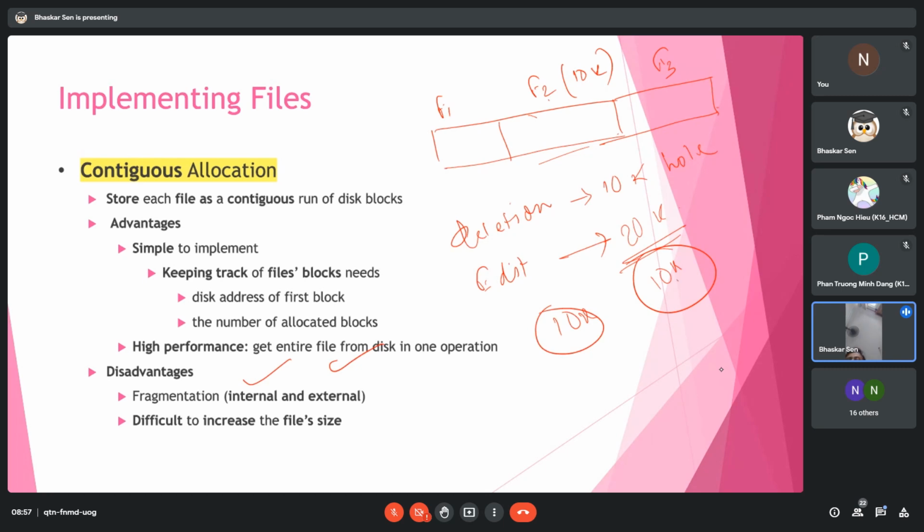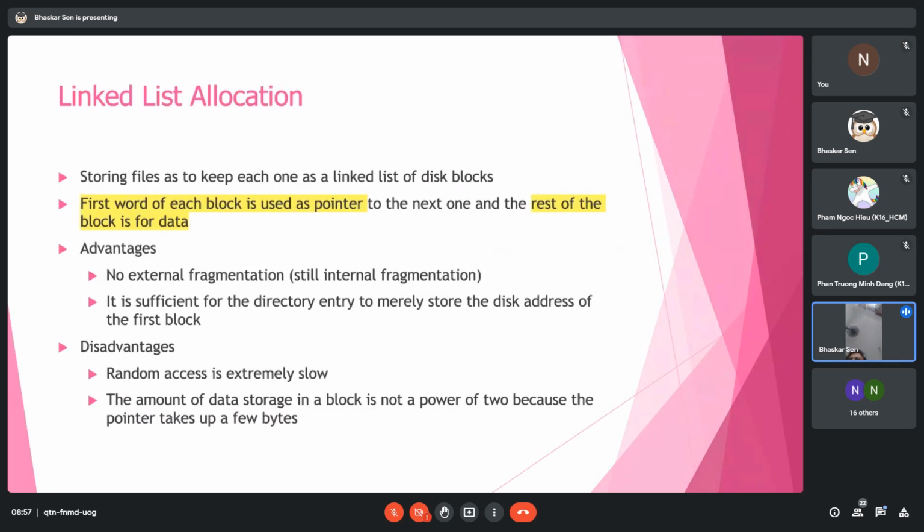Now, for these extra 10K, we plan that, how about following the contiguous allocation, and we store it right there in these parts. So instead of F4, we call it F2, the second part of F2, where the extra 10K will be loaded. So essentially, we went to a linked list allocation strategy.